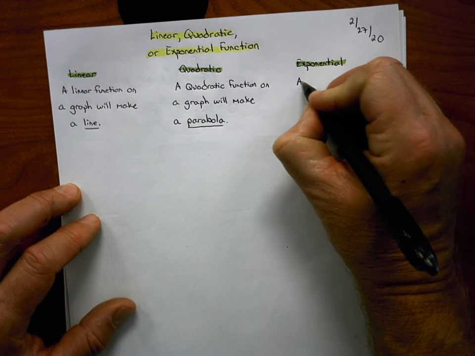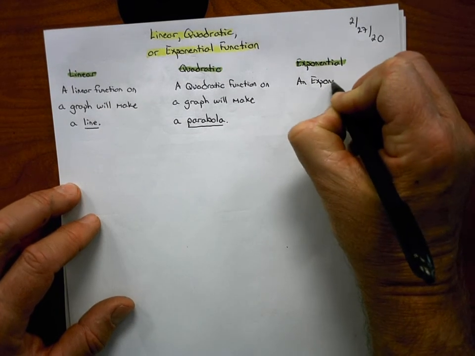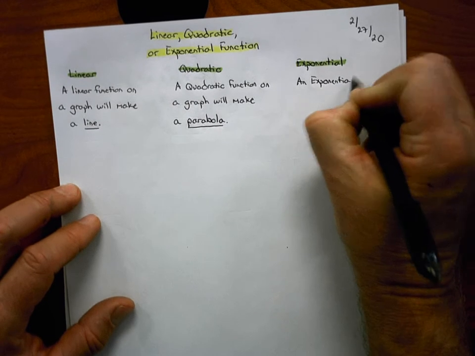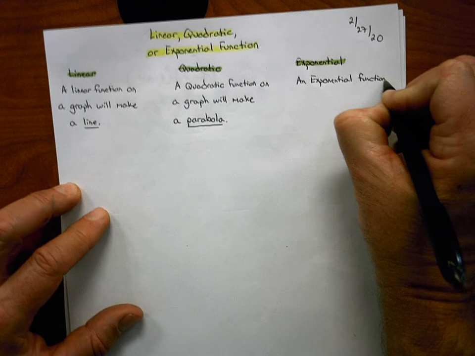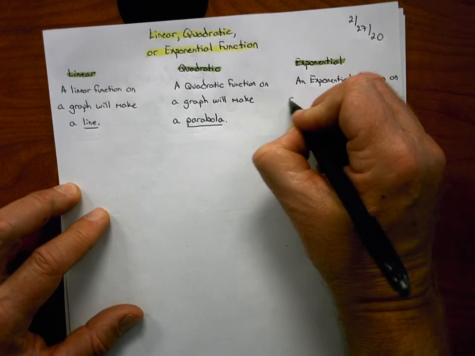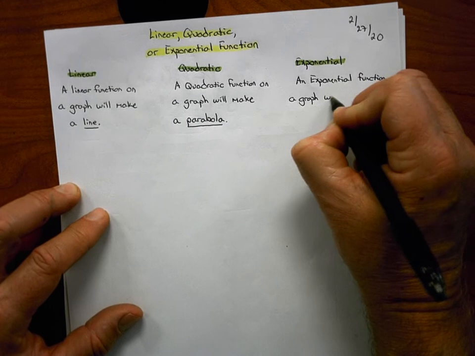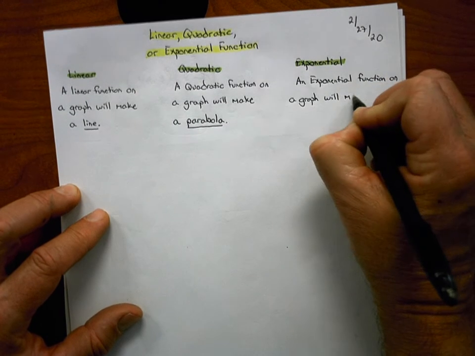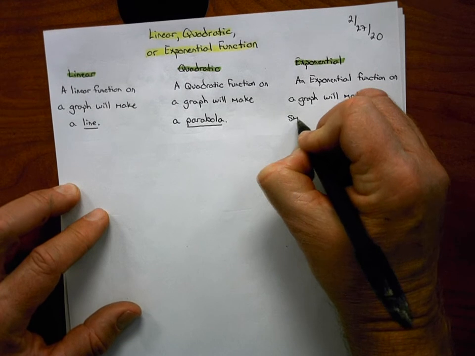Well, I guess it could touch the x-axis. An exponential function on a graph will make a smooth curve.